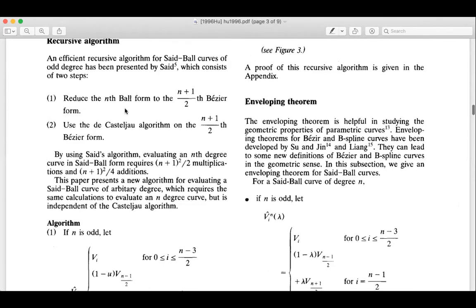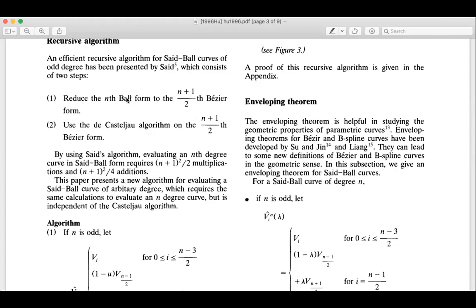As I've just told you, in 1989, in that paper, they said that in order to calculate the Said-Ball curve, you have to reduce the nth degree ball form into Bezier form, and then use the de Casteljau algorithm to compute the points for the half form of the Bezier curve.